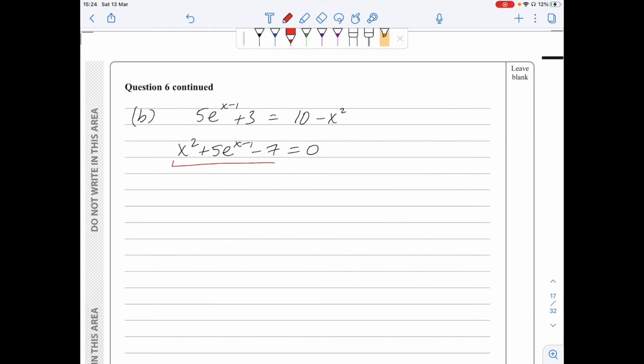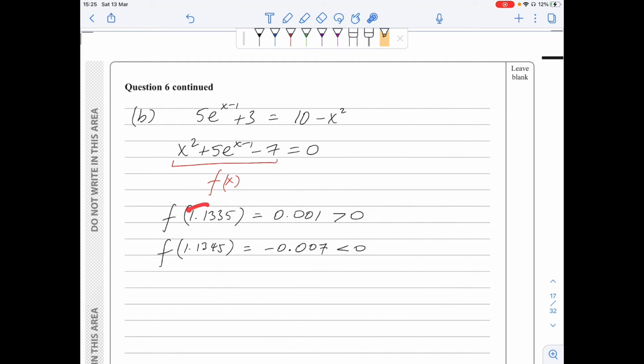Now I call the left hand side f of x. Now f of 1.1335 equals 0.001, which is positive. f of 1.1345 is equal to minus 0.007, which is negative.